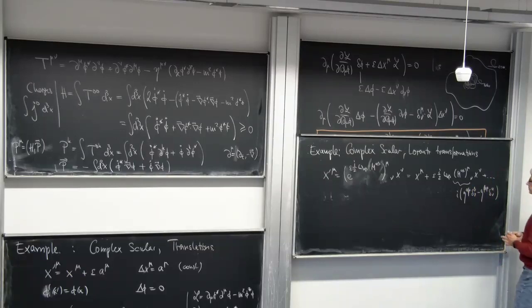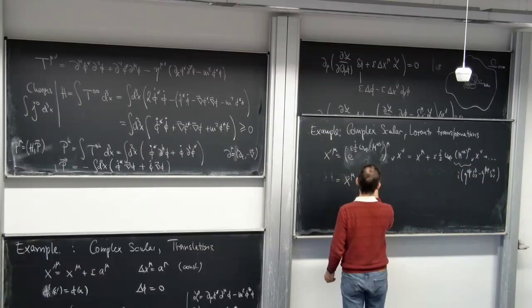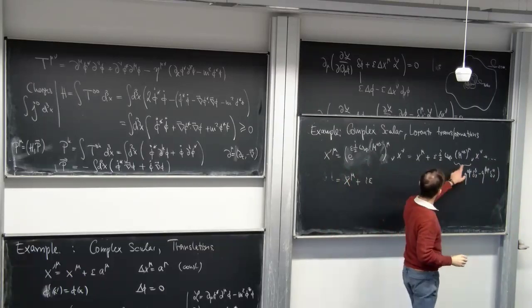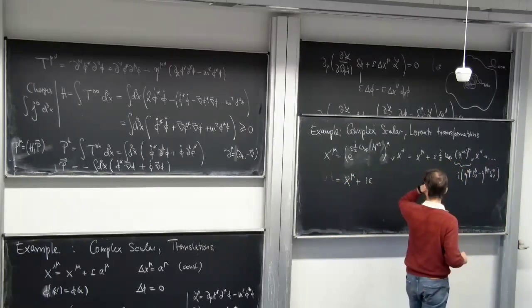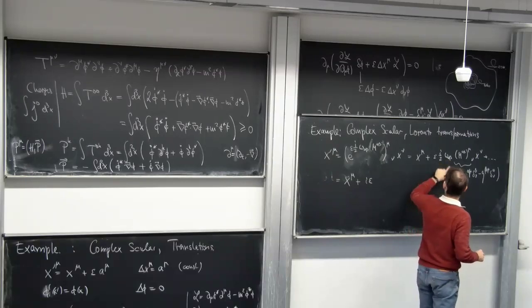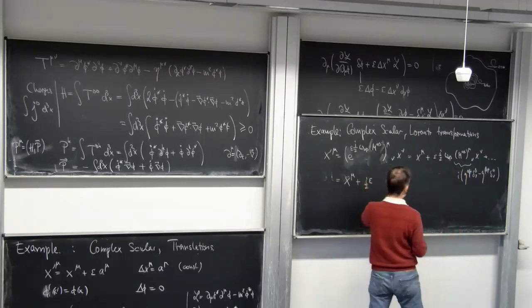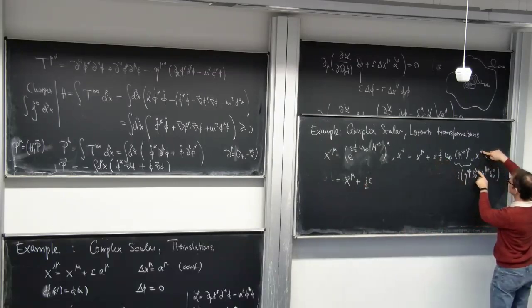And then it's equal to x^mu plus epsilon omega. The half goes away because this is anti-symmetric. Let's write those both. This becomes beta, and the alpha is a mu.